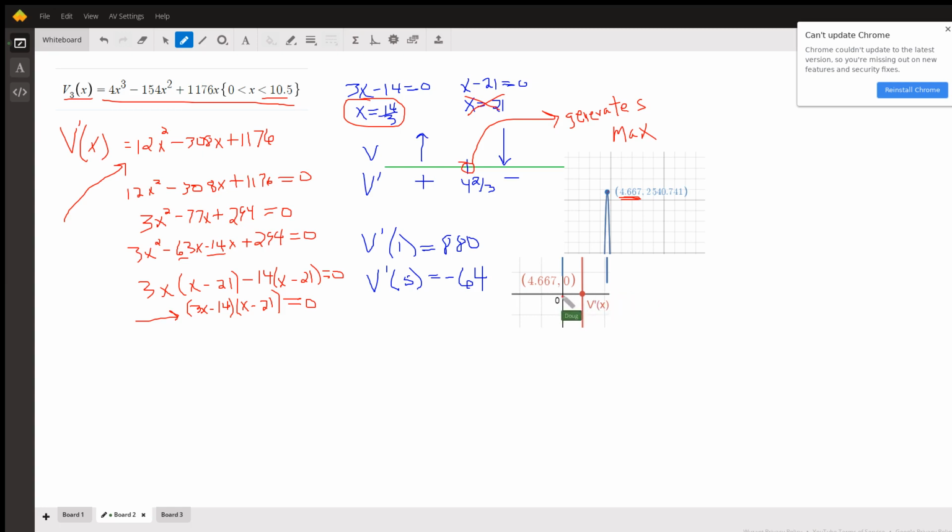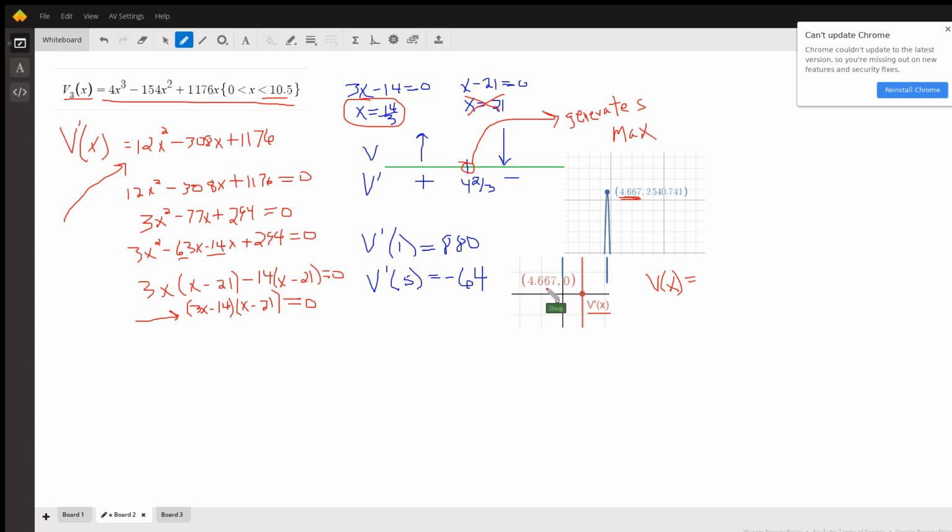Also, on Desmos, if you create the function V of x equals this 4x cubed minus blah, blah, blah, you can then on the next line type V prime of x, and that's what this red graph is, the derivative of the original function. And when that crosses the x-axis, that's where the first derivative equals 0.